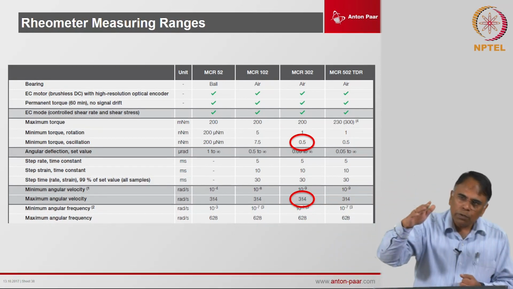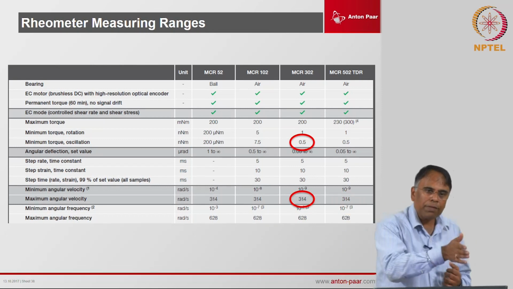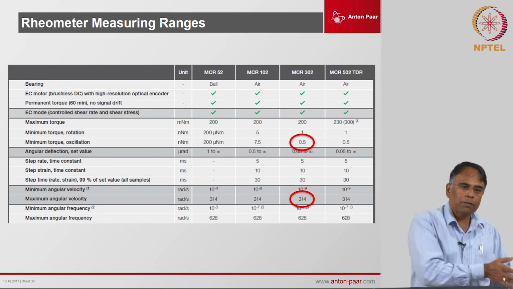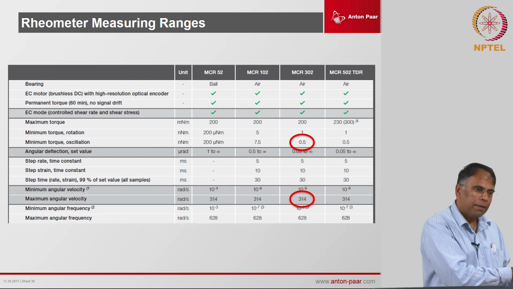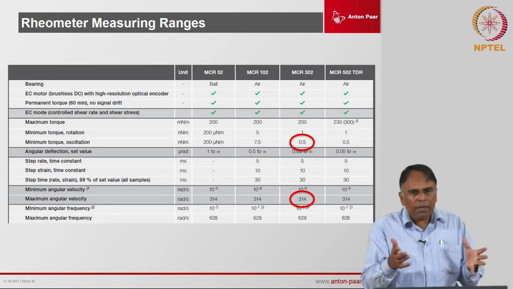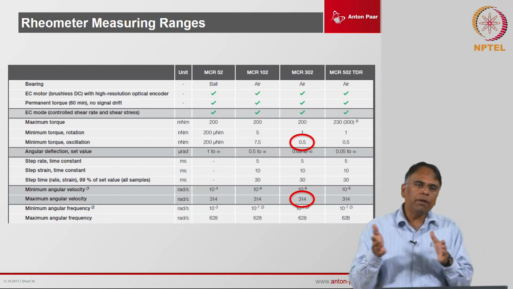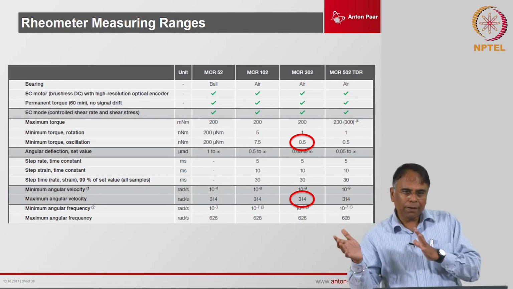The first thing he should do is check the torque and see if that torque is really in the range of the instrument. Many times that torque is so low that it is either lower than the capability of the instrument or very near to the lowest capability of the instrument. Obviously, you will not get a very good signal to noise ratio at these edges of the measurement.